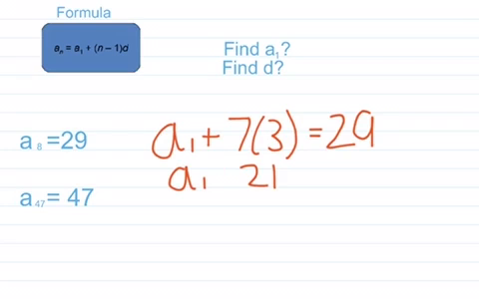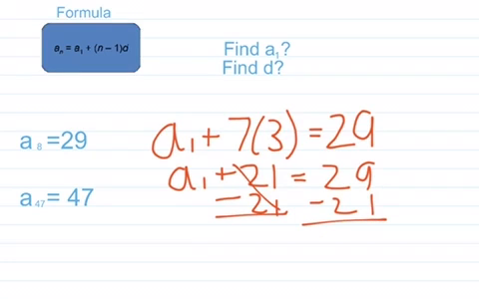The first term plus 21 equals 29, minus 21 from both sides. First term equals 8.